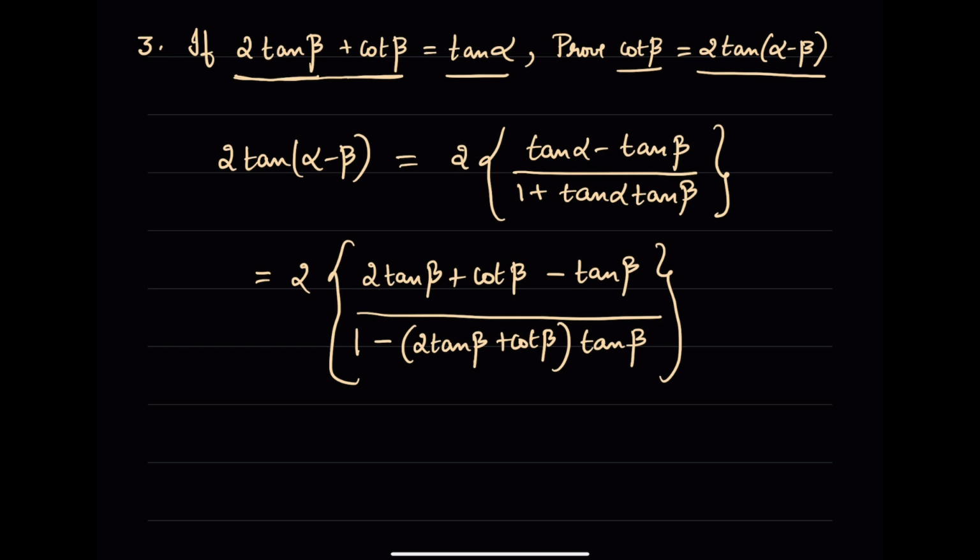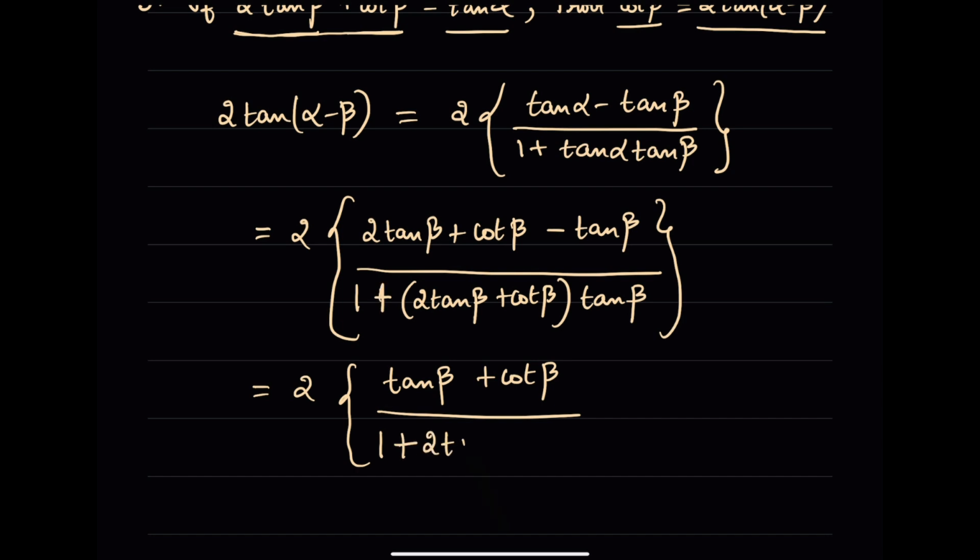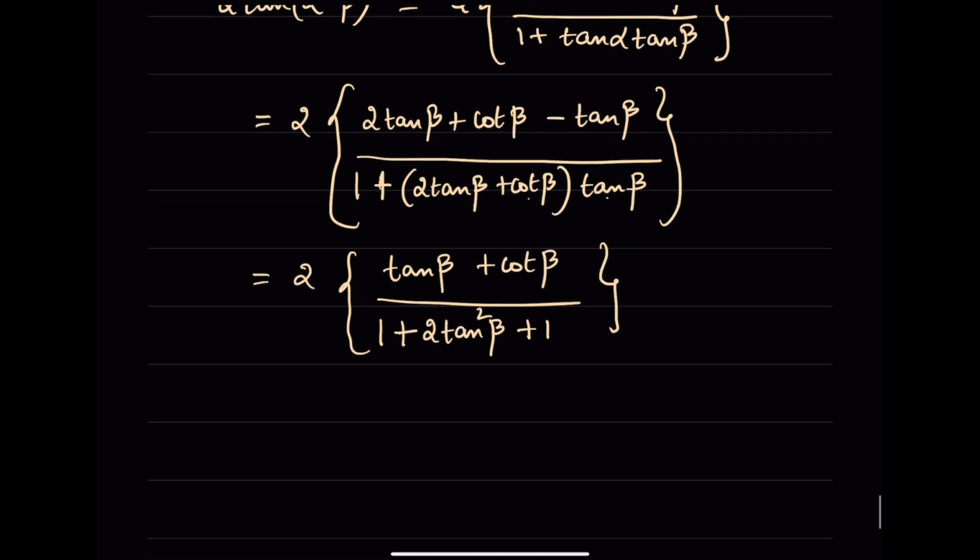Now here 2 tan beta minus tan beta in the numerator, we can simplify this equation. So this would be tan beta plus cot beta, and in the denominator we would have 1, and sorry, this is plus here, 1 plus 2 tan square beta, then cot beta into tan beta would be also equal to 1 because they are inverse of each other.